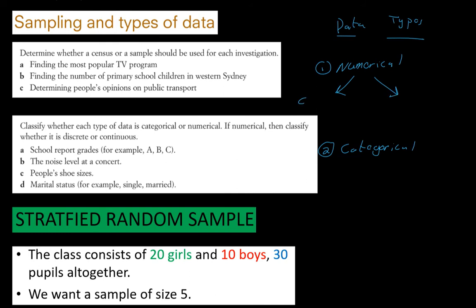There is continuous, and there is discrete. Discrete would be something like shoe size, number of children. So there are finite options. Continuous can take any value, infinite number of values.